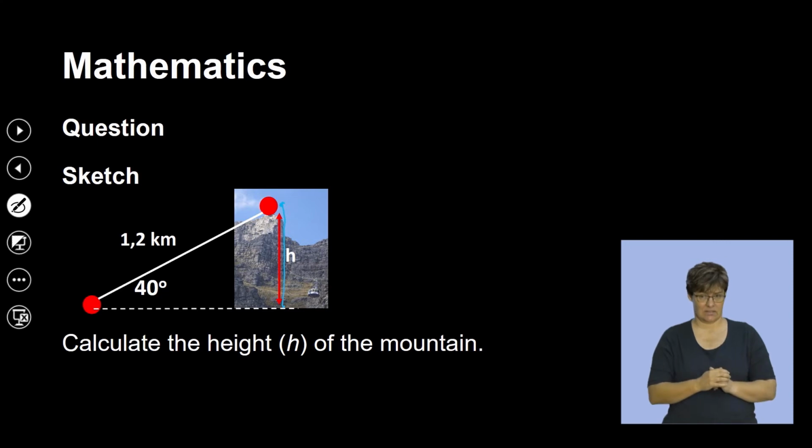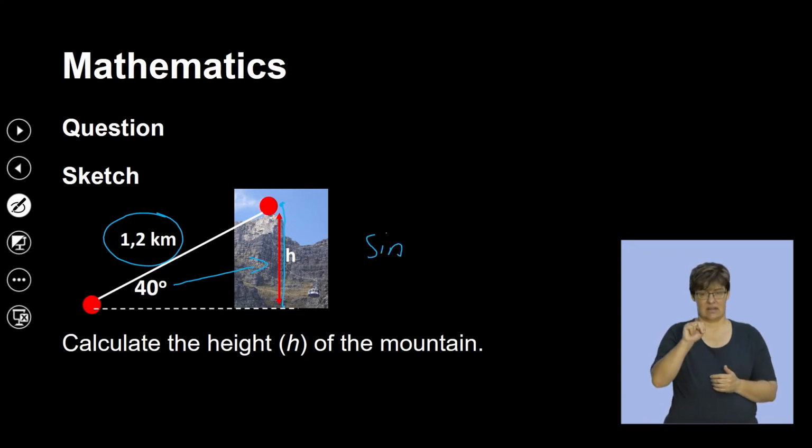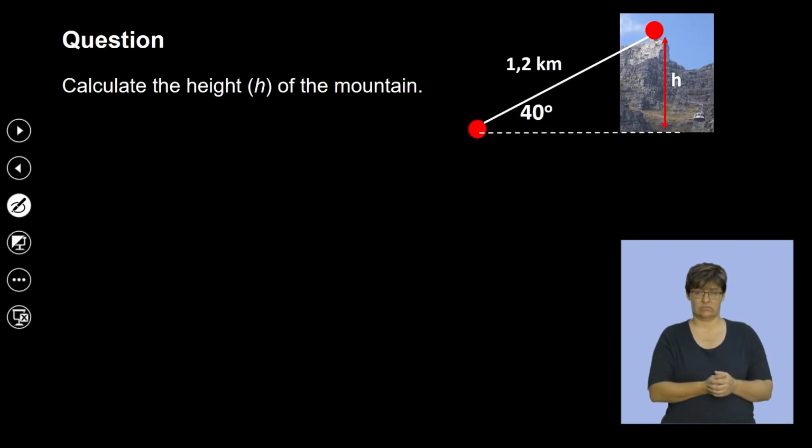So you can see here that I have the angle there making H the opposite side and making this the hypotenuse side. So you can solve this using the sine ratio, right? So let's quickly look at it.